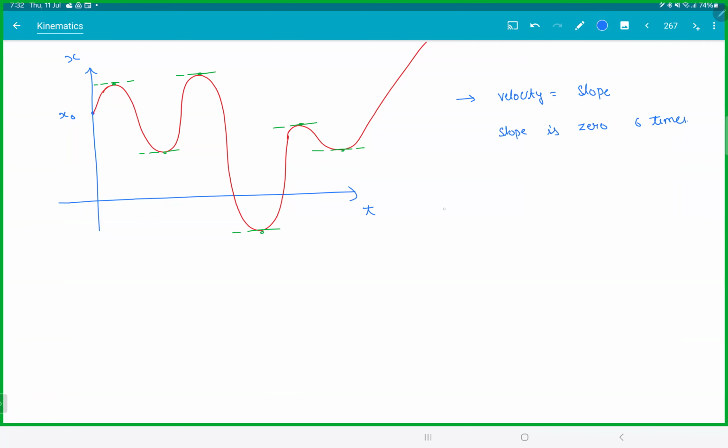Now what is average velocity? Average velocity is x final minus x initial by time.